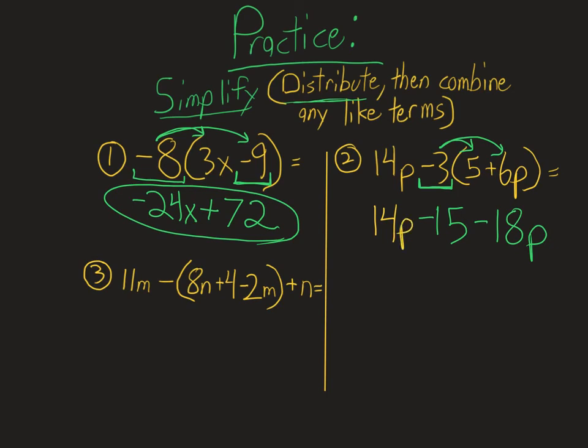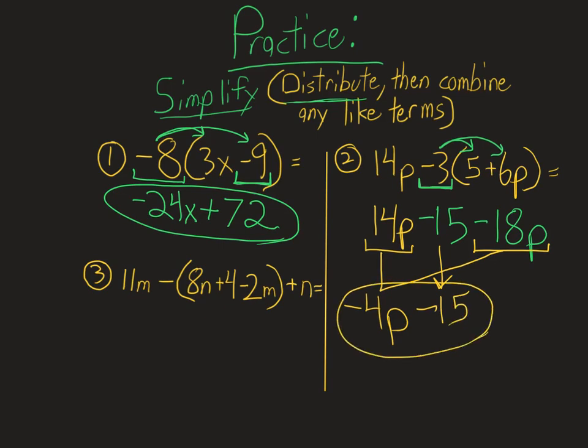That 14p is just still hanging out, so we brought him down, and we'll go from there. We've got that p, and that p is a like term. Don't forget the sign. That's 14 good guys, 18 bad guys combining together will make -4p. There's no other constants, so I just bring down the -15. And there you go.